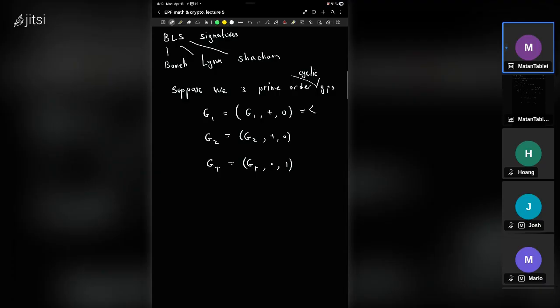And we said that these are cyclic groups. So let's say G1 is generated by a generator g1, the same for G2. And for GT, we don't really need a generator, but just in case, gT. And furthermore, I assume that the discrete log is hard in each.